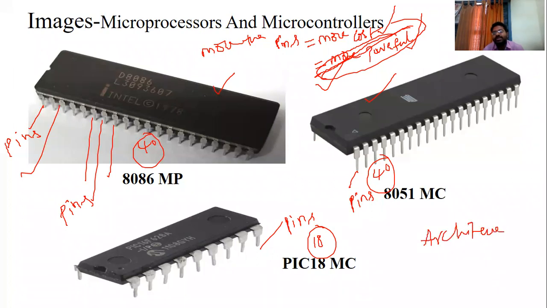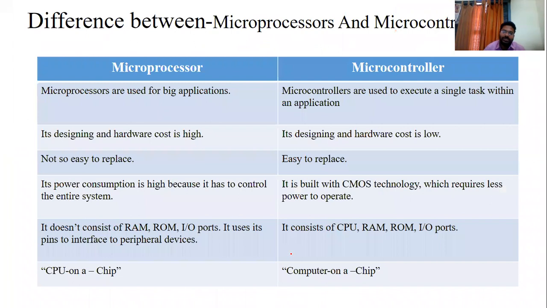The architecture is different from microprocessor to microcontroller. In the coming classes we will definitely see the architecture of the microprocessor, the architecture of the 8051 microcontroller, and the architecture of the PIC18 controller. Before going to that, we will see some differences between the microprocessor and microcontrollers.